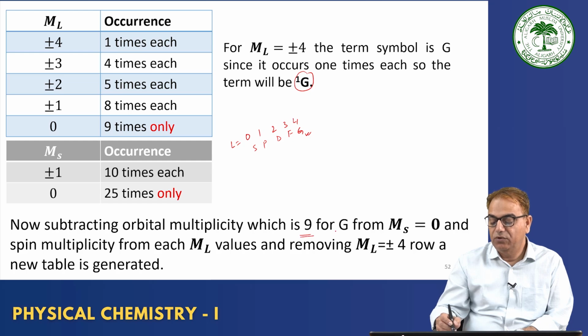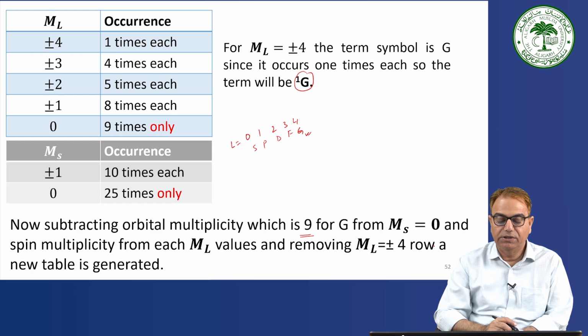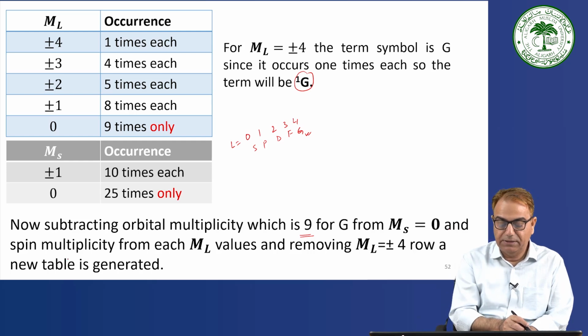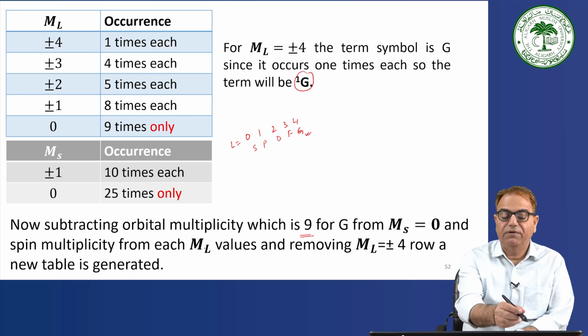This 9 value will be subtracted from ms is equal to 0, and spin multiplicity 1 from each ml value, and removing the ml is equal to plus minus 4 row, a new table is generated.